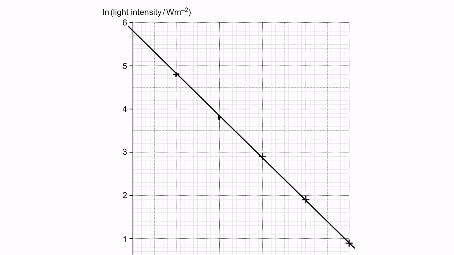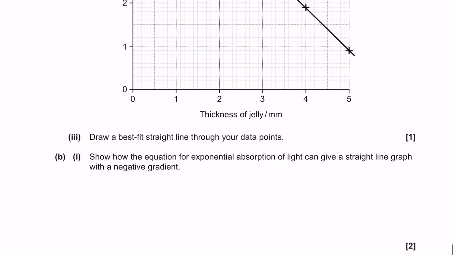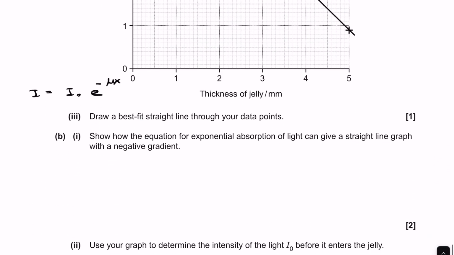Okay, so show how the equation for the exponential absorption of light can give a straight line graph with a negative gradient. Okay, so we know that I is equal to I0 e to the minus mu x. Now because this is an ln graph, we should ln both sides, and we get ln I equals ln I0 minus mu x, using just the log rules.